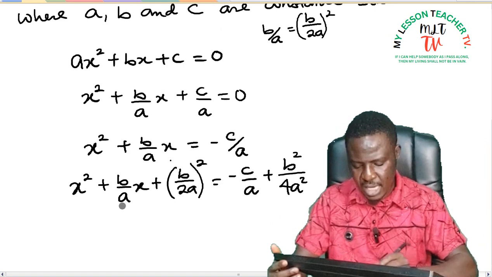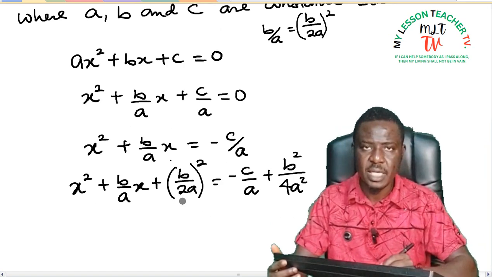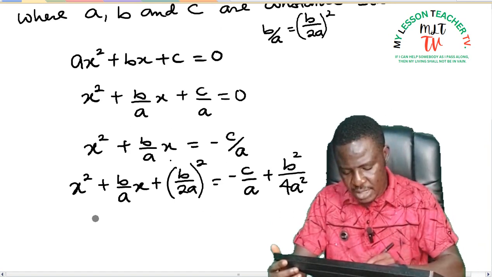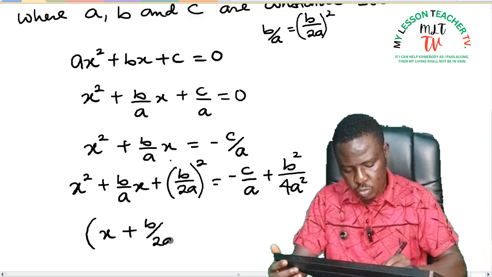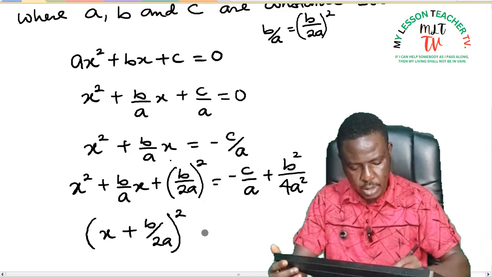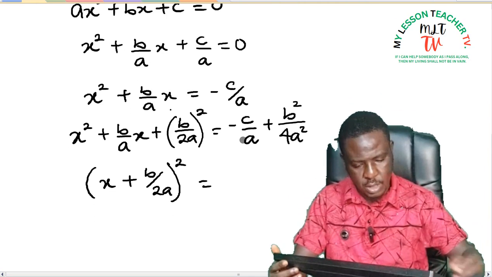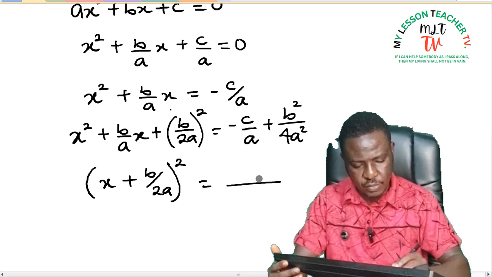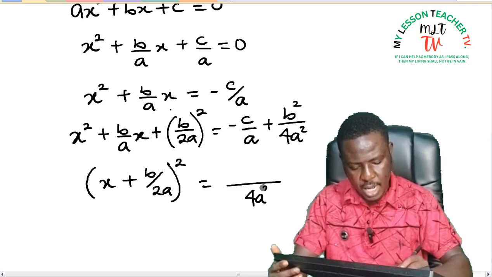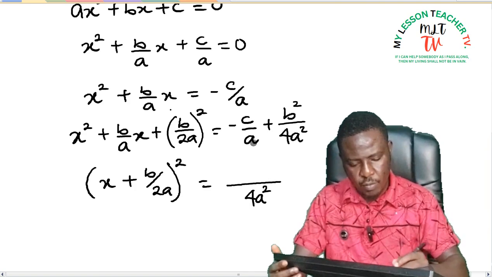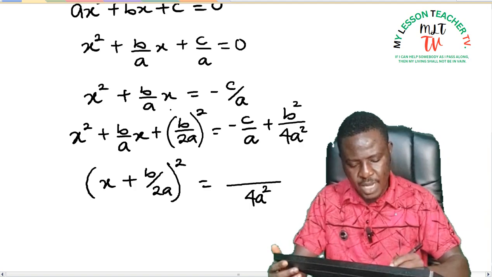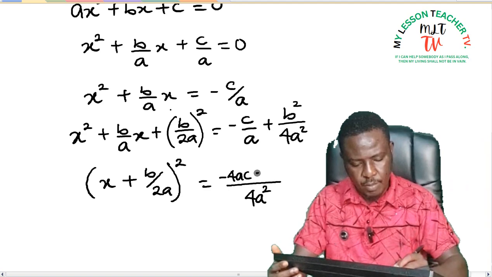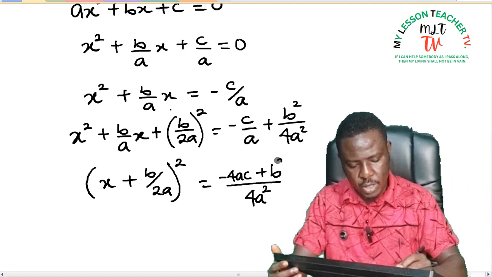Now by doing this, I have made the left hand side a perfect square, which can be factorized into (x plus b over 2a) all squared to be equal to, add this fraction, this gives us 4a squared as the LCM. a into 4a squared gives us 4a, multiplied by minus c, you have minus 4ac plus b squared.